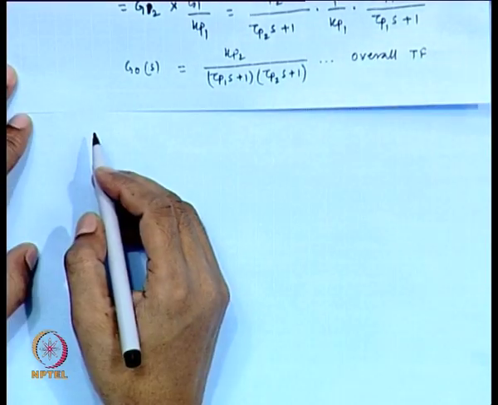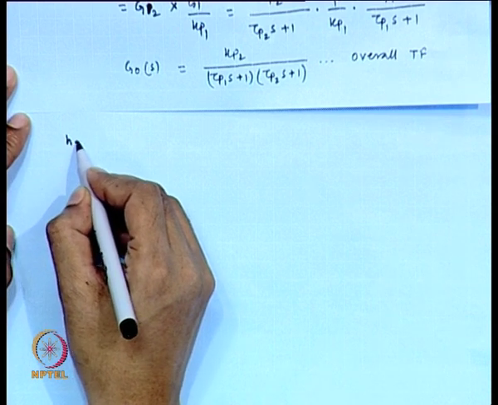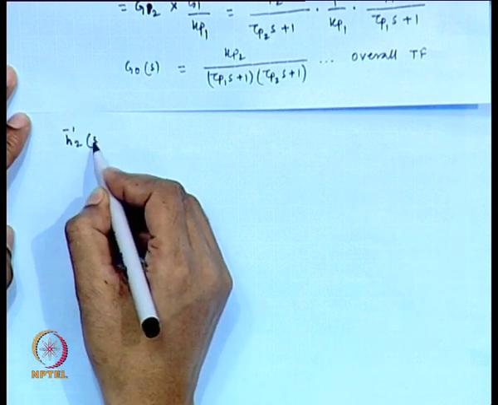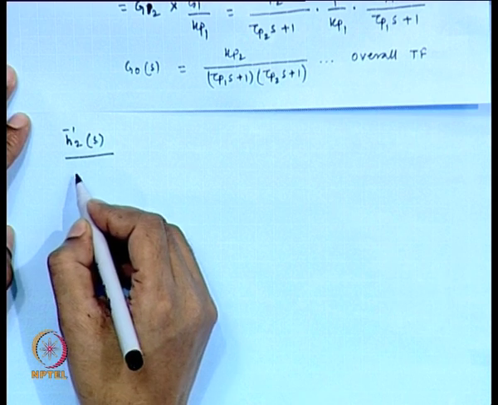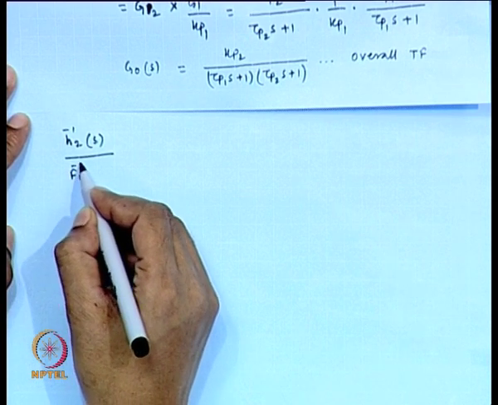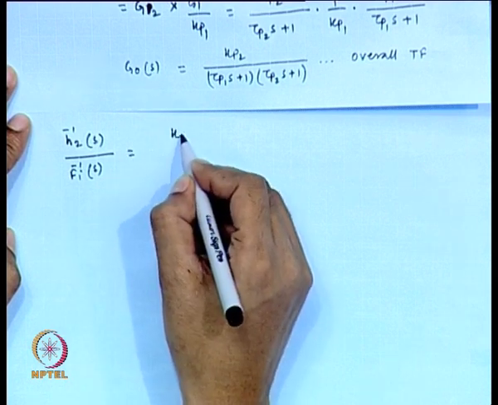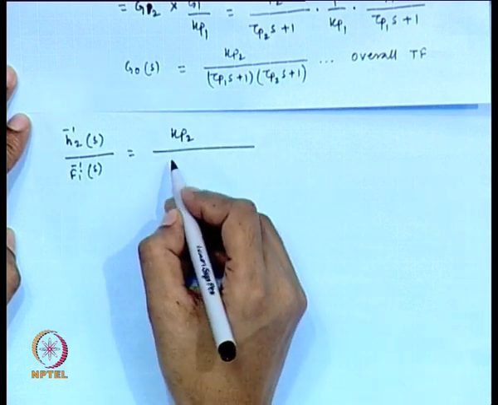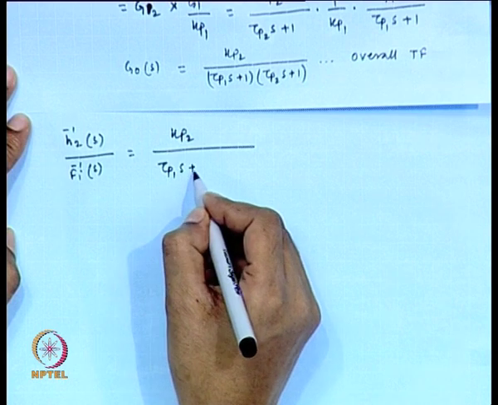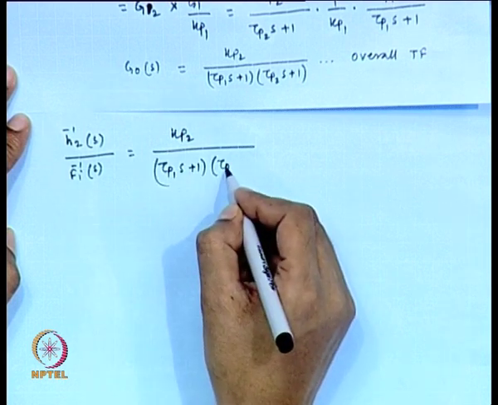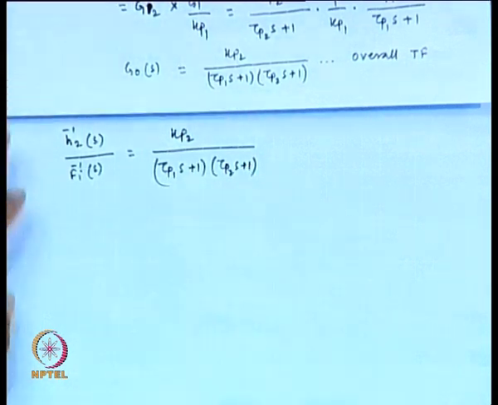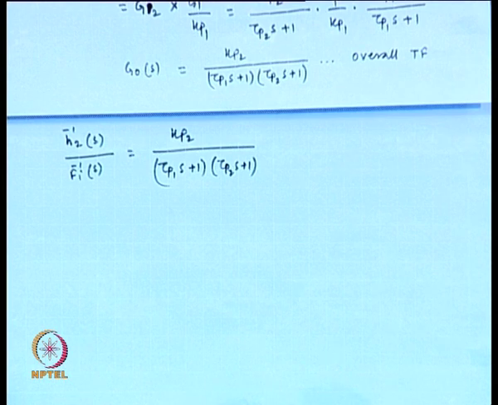So, G naught(s) is basically H2 bar prime(s) divided by Fi bar prime(s). We can write in this form. Now, we will introduce a unit step change in the input variable.